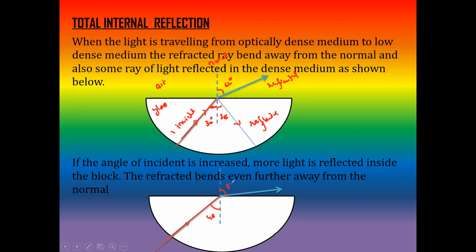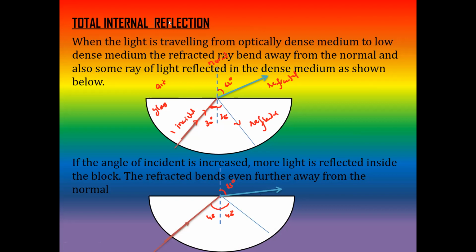For example, it might change to 75. Some of the light will again refract and some will reflect, and in reflection the angle of incidence is always equal to the angle of reflection. First it was 30, some light refracted, some reflected. Now we made it 40, some light is refracted, some is reflected.